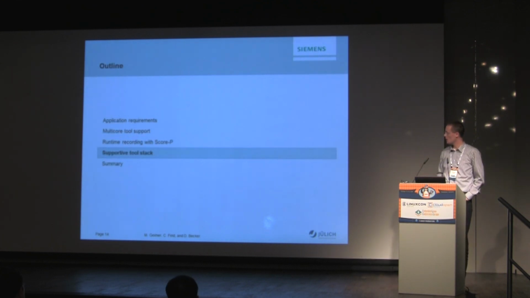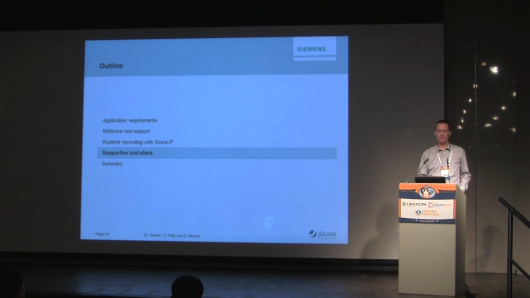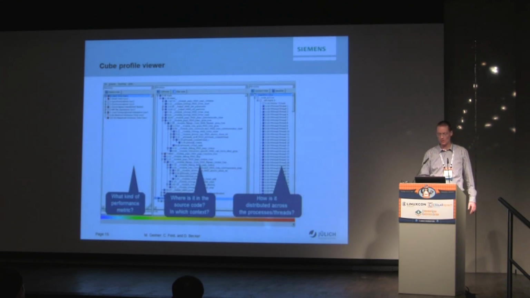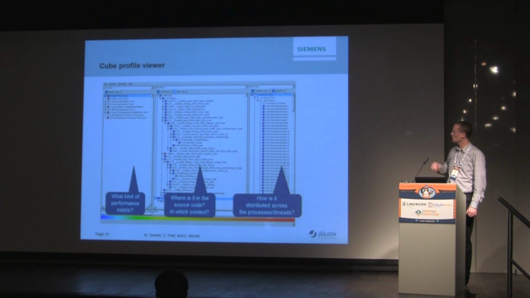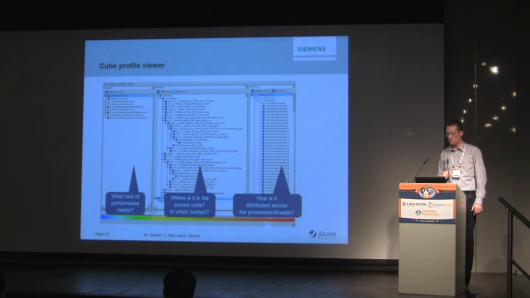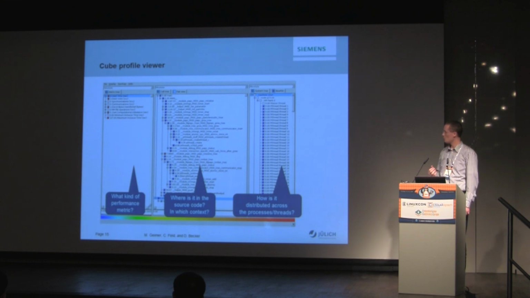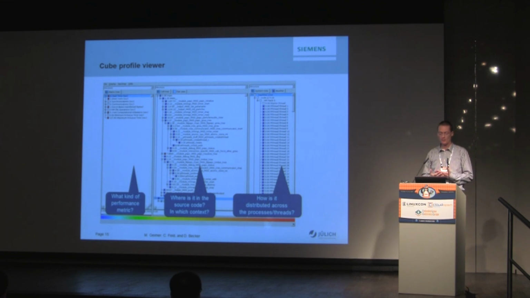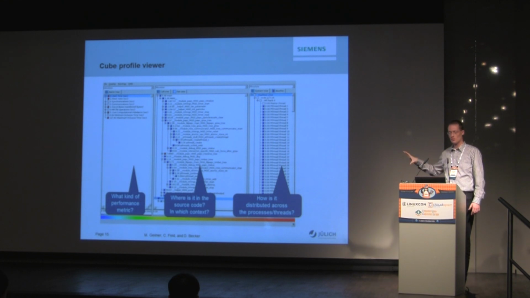Now let's have a quick look at the supportive tool stack. As Daniel already mentioned, there are a number of tools sitting on top of Score-P. First, the Cube Profile Viewer, which shows you 3 columns. On the leftmost column, you have a list of the different performance metrics that are captured. When you select one there, you see how this metric splits across the call tree.